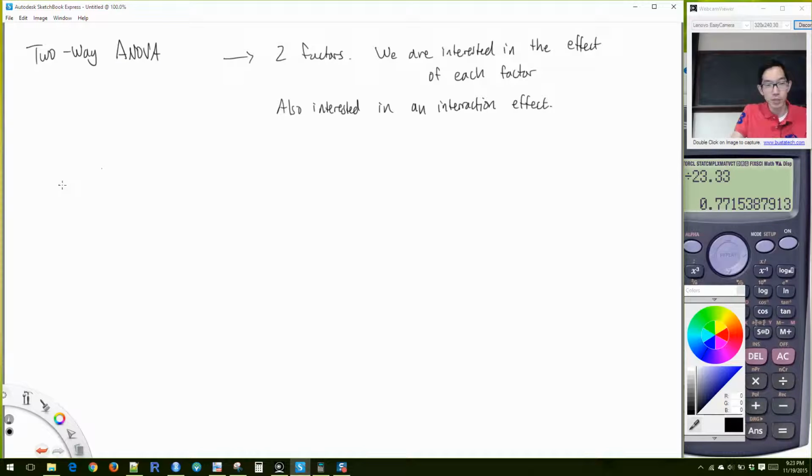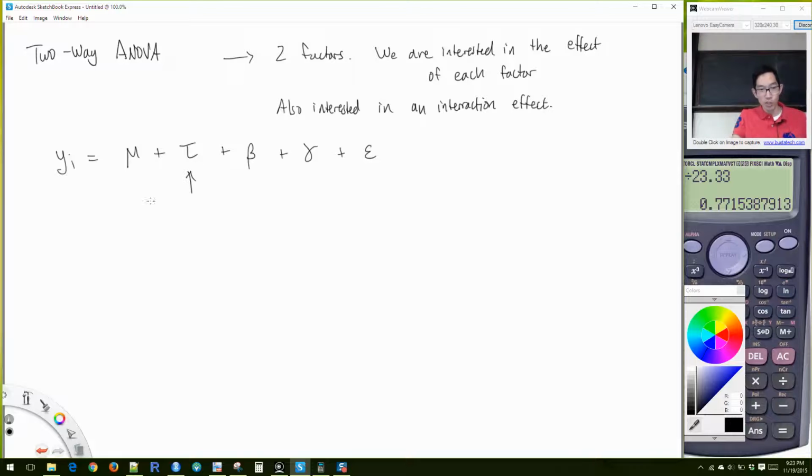Okay, and so our design here is that the data point is equal to the mean plus the effect of the treatment plus the effect of the block plus an interaction between, not the block, I guess, treatment 1 and treatment 2.